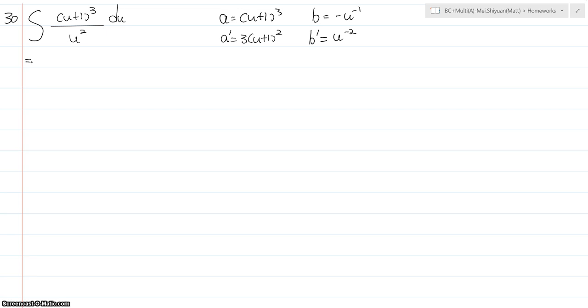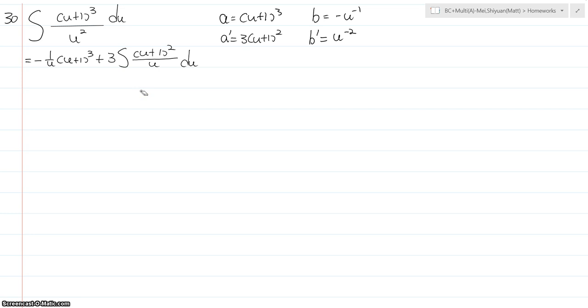So it's going to be negative 1 over u times (u plus 1) cubed plus 3 times the integral of (u plus 1) squared over u du. It's plus because I take negative 3 out of the integral. Now we cannot really integrate this whole thing, so we need to use another integration by parts.